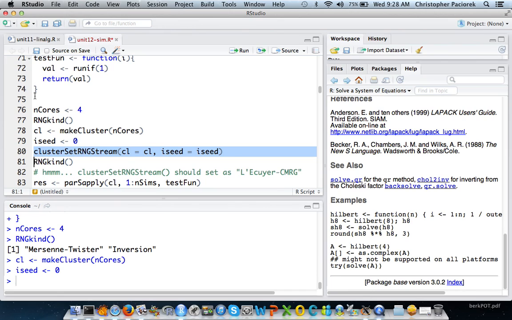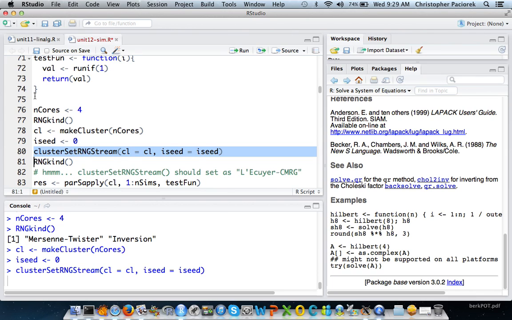Then I'm going to call clusterSetRNGStream, which is part of the parallel package using Lecuyer. This says, with this cluster of 4 workers that are going to do the various tasks in parallel, set the seed to be, in this case, 0, and go ahead and use the Lecuyer algorithm.